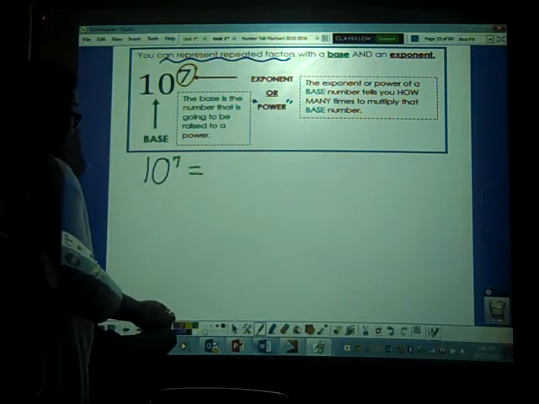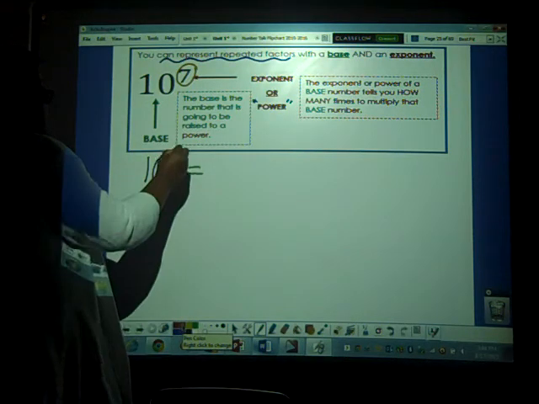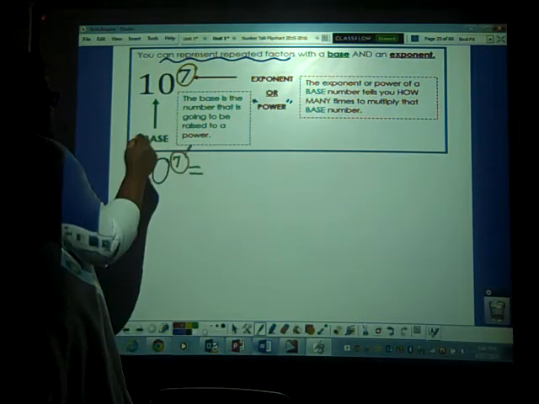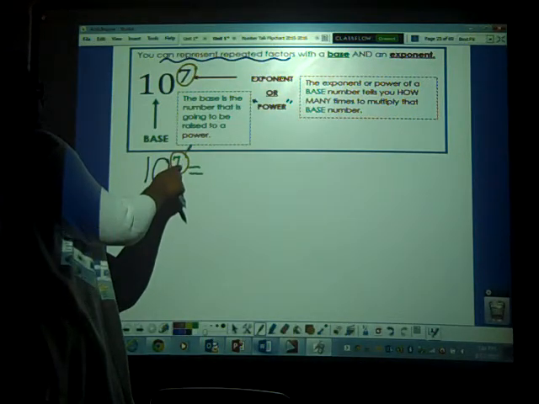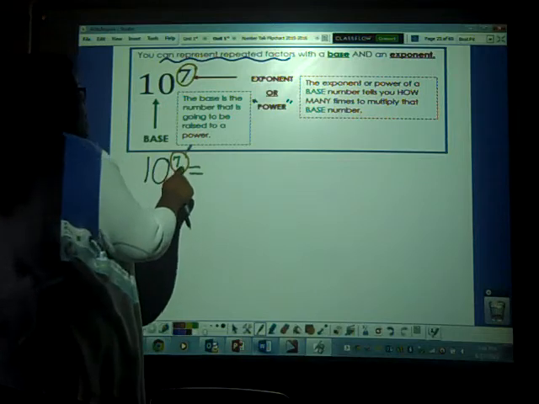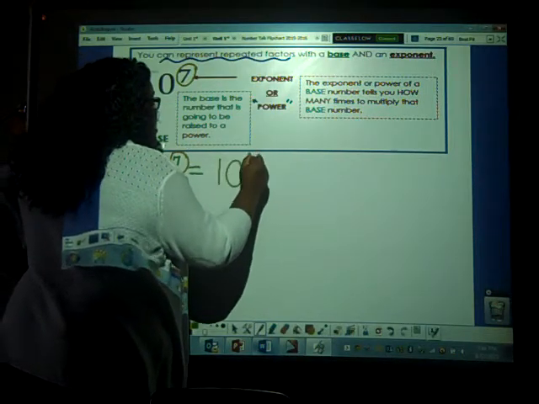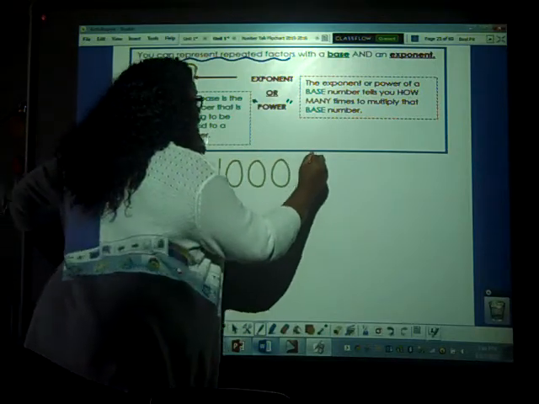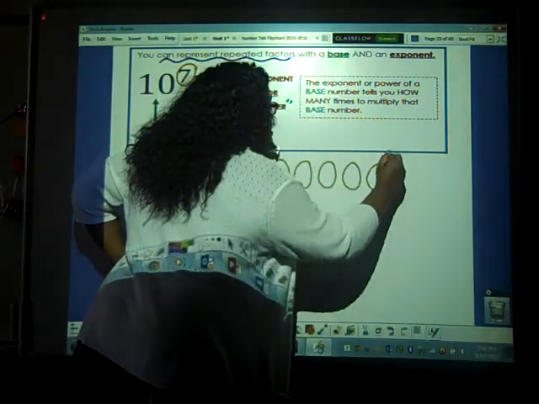All I'm going to do is say, all right, 10 is my base. I know that. Now, my exponent, or my power, says 7. So, how many zeros am I supposed to have? 7. So I'm going to write 1, 2, 3, 4, 5, 6, 7.